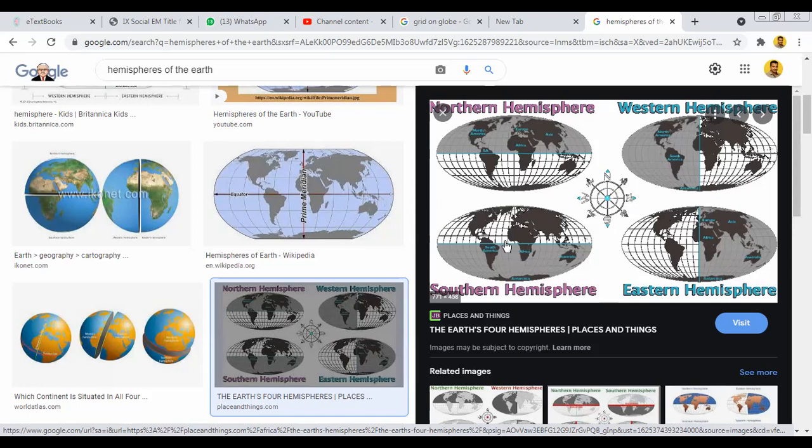Clear? Yes, sir. Any doubt in this? No, sir. We have Indian Standard Time, Pakistan has Pakistan Standard Time, China has China Standard Time, and Russia has Russia Standard Time. Every country has a standard time, but to calculate the time in different countries, we consider the Greenwich Meridian.